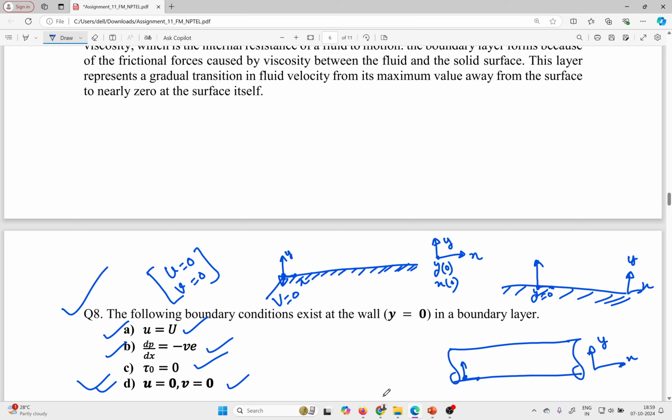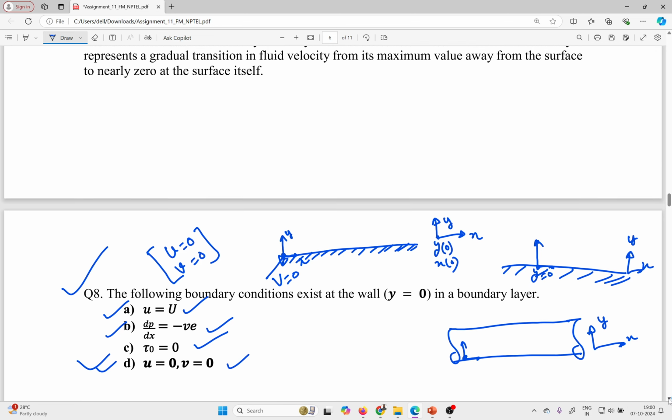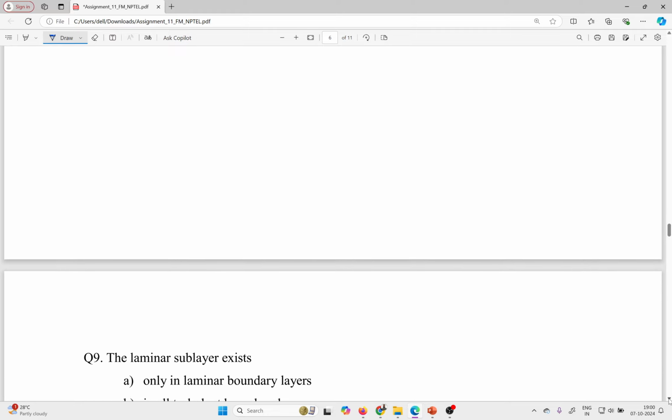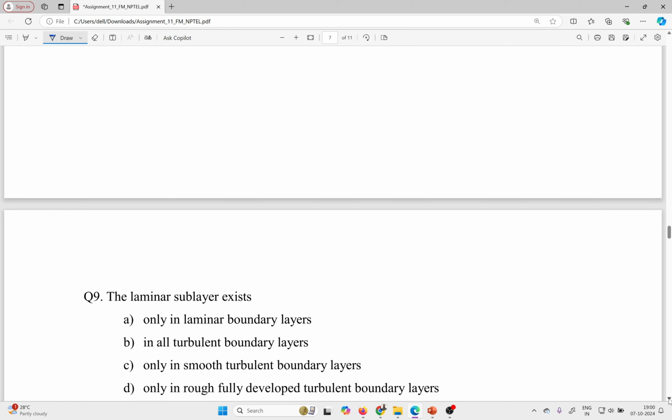Now we'll move on to the next question. So next question is: the laminar sublayer exists only in laminar boundary layers, in all turbulent boundary layers, only in smooth turbulent boundary layers, only in rough fully developed turbulent boundary layers.